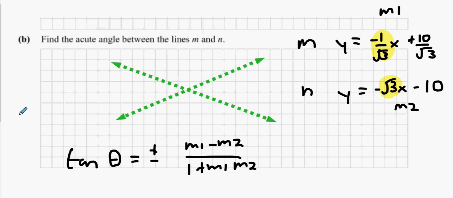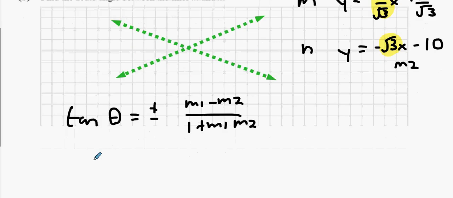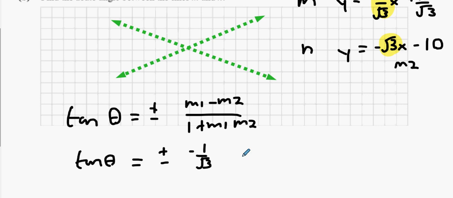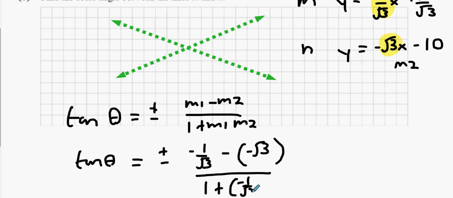You good with that? Alright. Some of you made massive calculation errors here. I don't know what happened to you. So you did -1 over root 3 minus root 3 all over 1 plus -1 over root 3 by minus root 3.